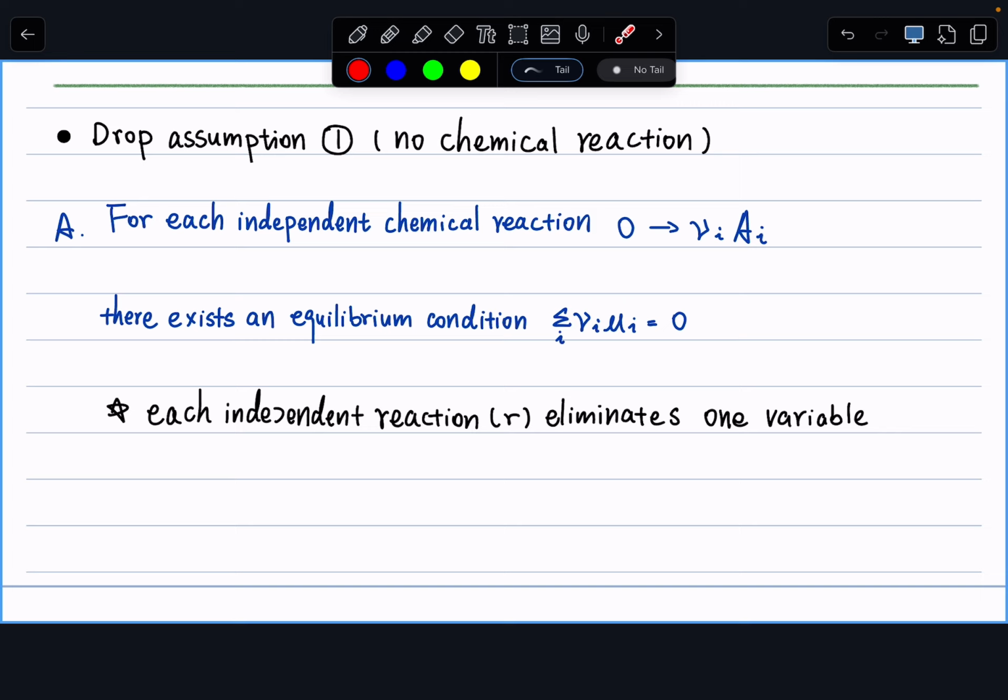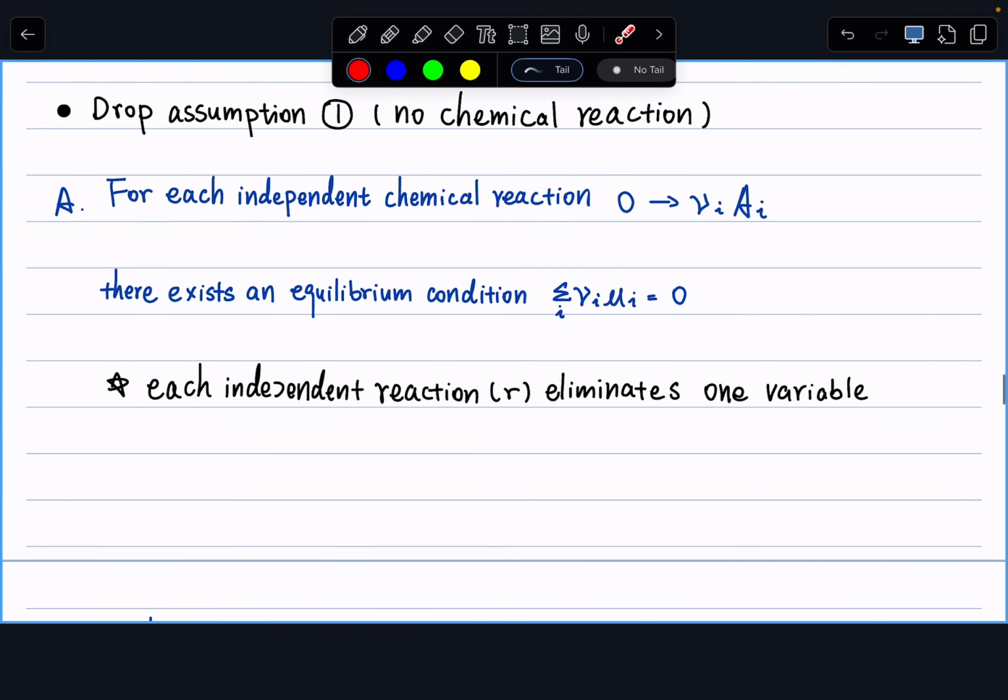And for every independent reaction that is in equilibrium, since we are here, let's just quickly review what we know. This is a general form of a chemical reaction: stoichiometric coefficient, reactant or product. And when we have an equilibrium condition, we effectively have the sum of the stoichiometric coefficient times the chemical potential of each species adding up to be 0.